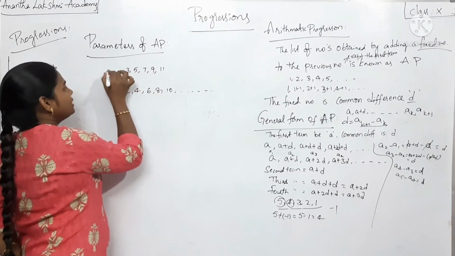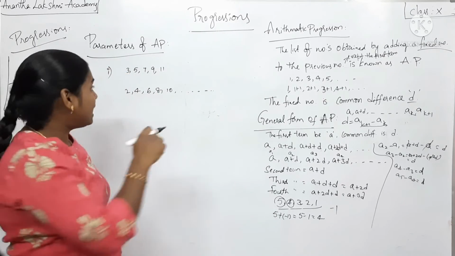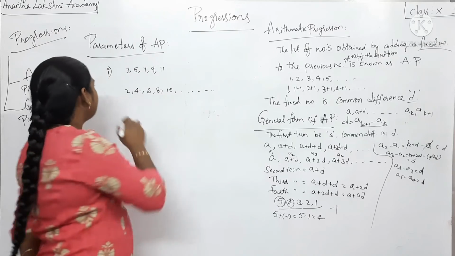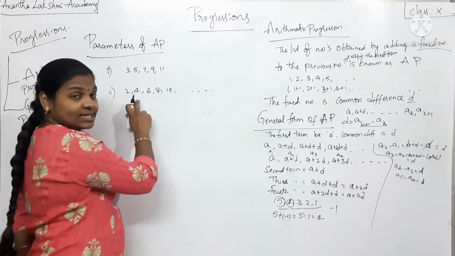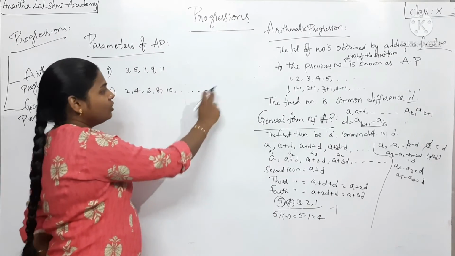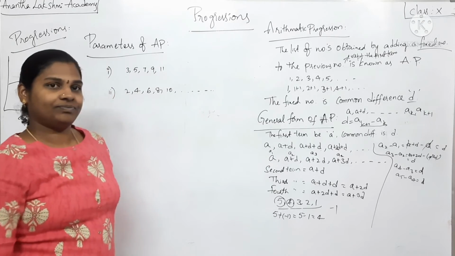This particular series, the very first one, you know the last term of this series. But for this particular series, even though you know this as an even number series, you do not know where it is ending.